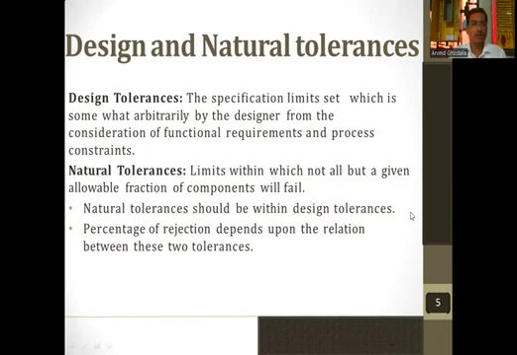Next is the natural tolerances: the limits within which not all but a given allowable fraction of components will fail. Such tolerances are called natural tolerances. The natural tolerances should be within the design tolerances. Then the percentage of rejection depends upon the relation between these two tolerances.